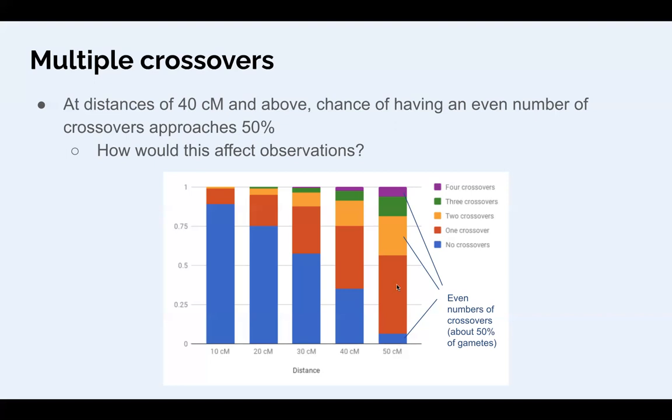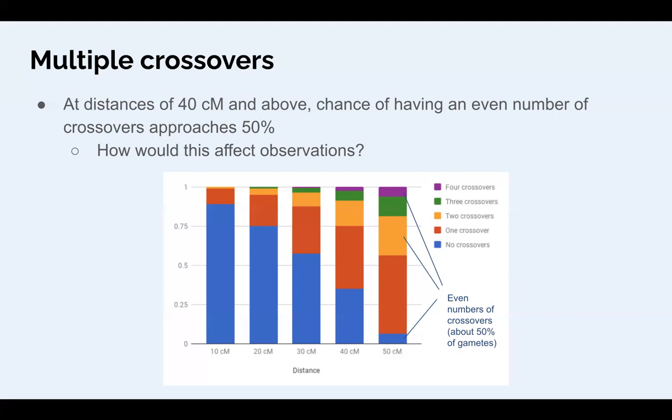And then odd puts them in a recombinant arrangement. And so in this case, the red plus green is recombinant, and that's about equal to the purple plus orange plus blue. And at 50%, crossing over or not crossing over actually ends up looking like there wasn't any linkage at all.